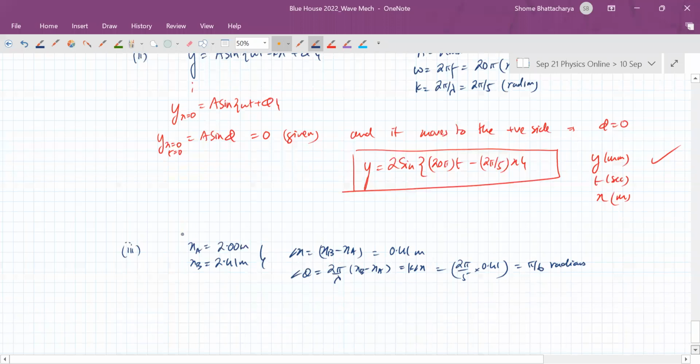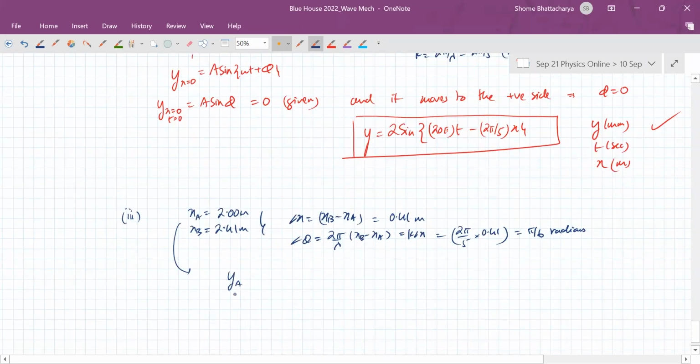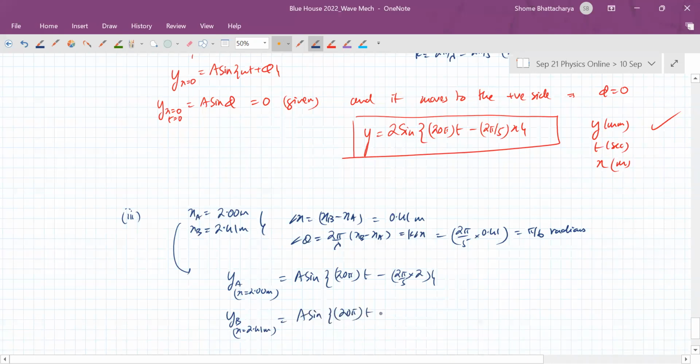This is one way to understand it, or another way to understand it is that you can write out the equations like this and understand it.